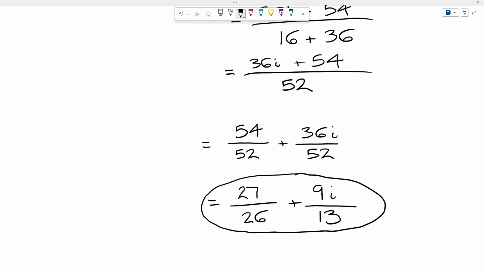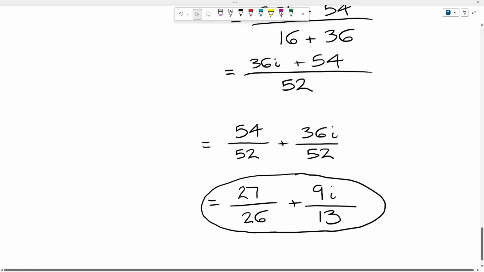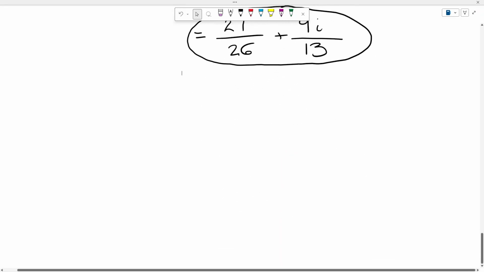And I think it'd be good to see one more division example. So for this one, let's do 3 minus 2i over 5 minus 8i.